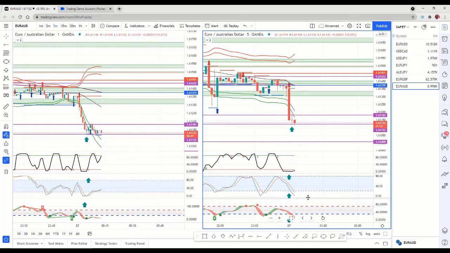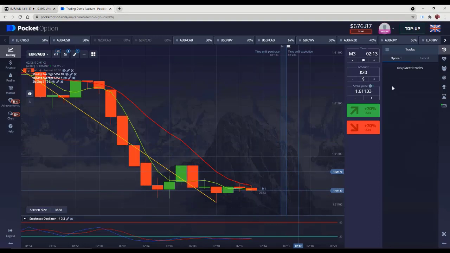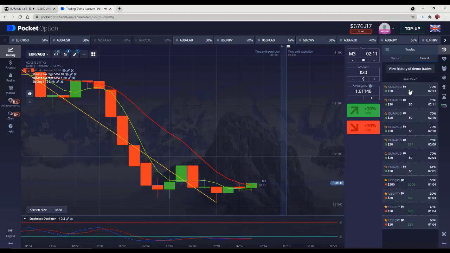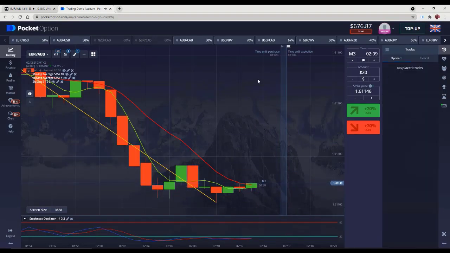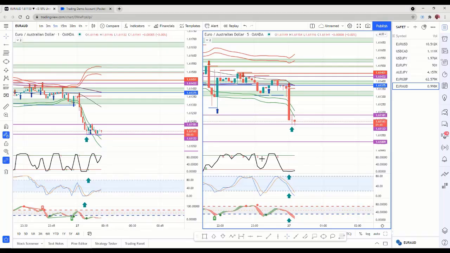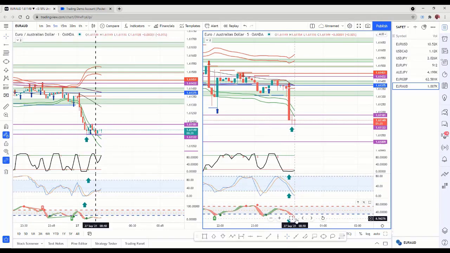Okay, now the trades are pulled out. Now you can see the trades at last one cleared. But what I want you to actually see is the indicators for 5 minutes telling us to buy.